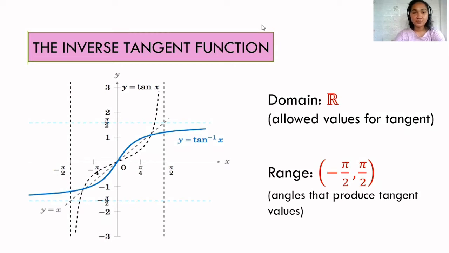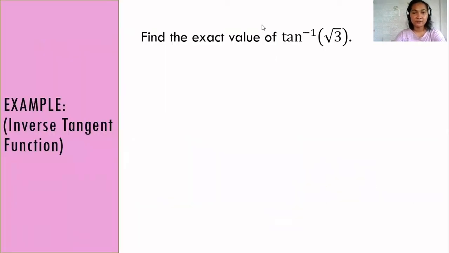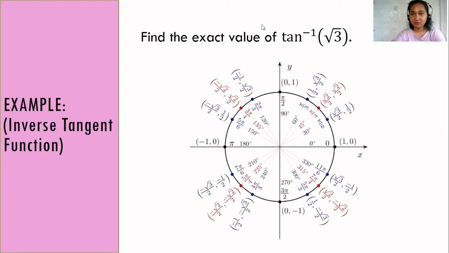Let us proceed with the example about the inverse tangent function. Let us find the exact value of inverse tangent square root of 3. Looking at the circular functions, because a while ago for sine and cotangent, this was our basis in finding their exact value.